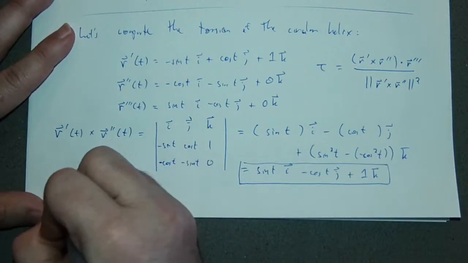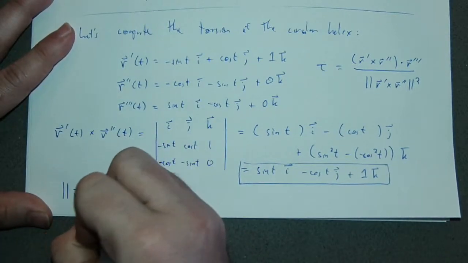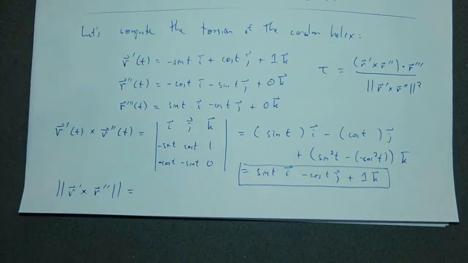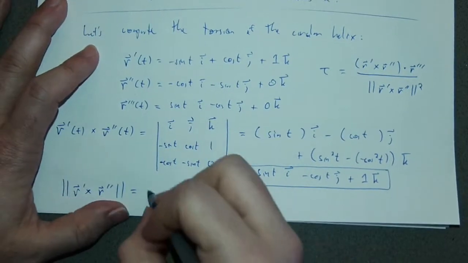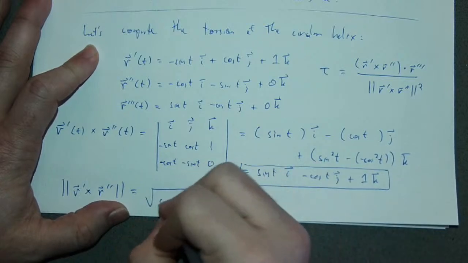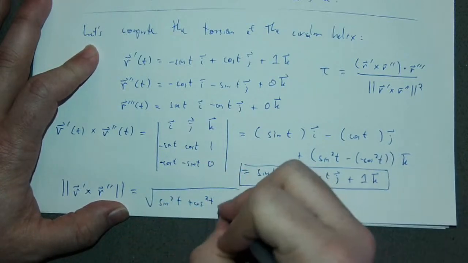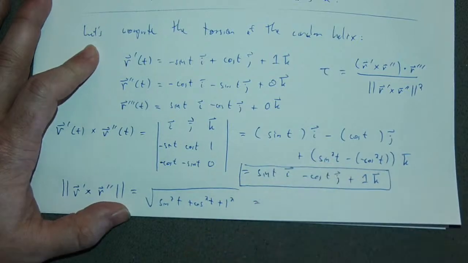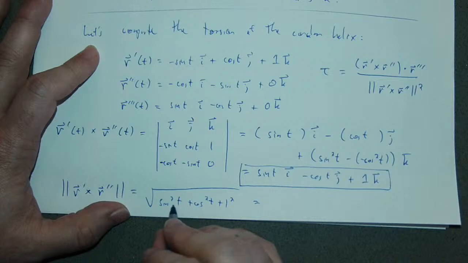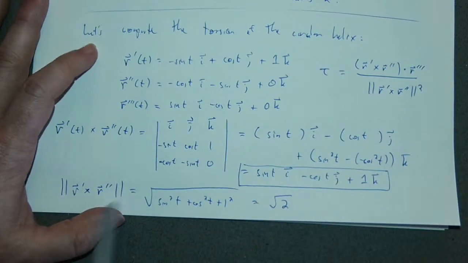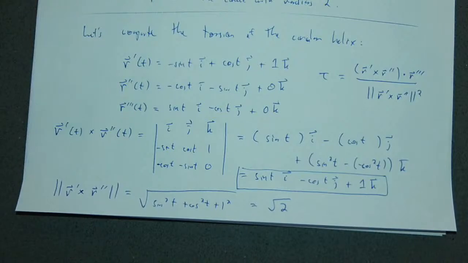So the length of r prime cross r double prime is the square root of sine squared t plus cosine squared t plus 1 squared. So this is actually not so bad. This is the square root of 2. And I need to square that, of course, which I will take care of later. So that thing squared is just 2.